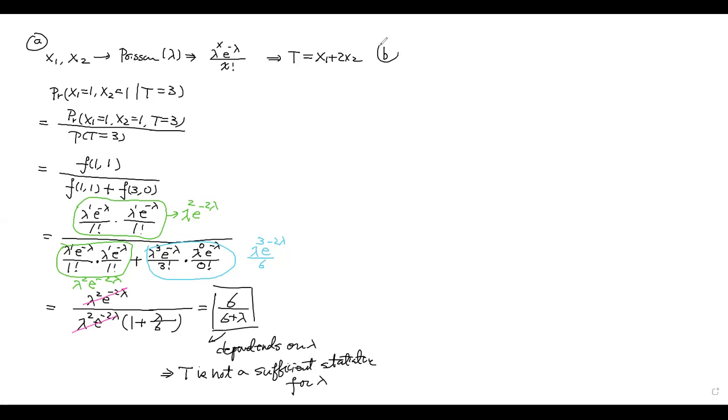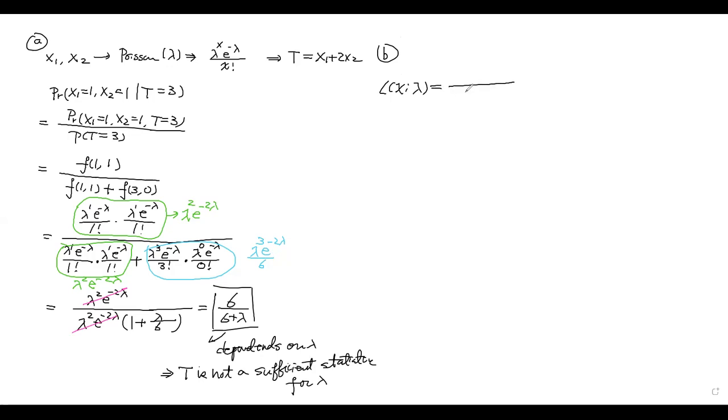For the second part, they said let's use the factorization theorem to find a sufficient statistic for lambda. Let's put down the likelihood function.